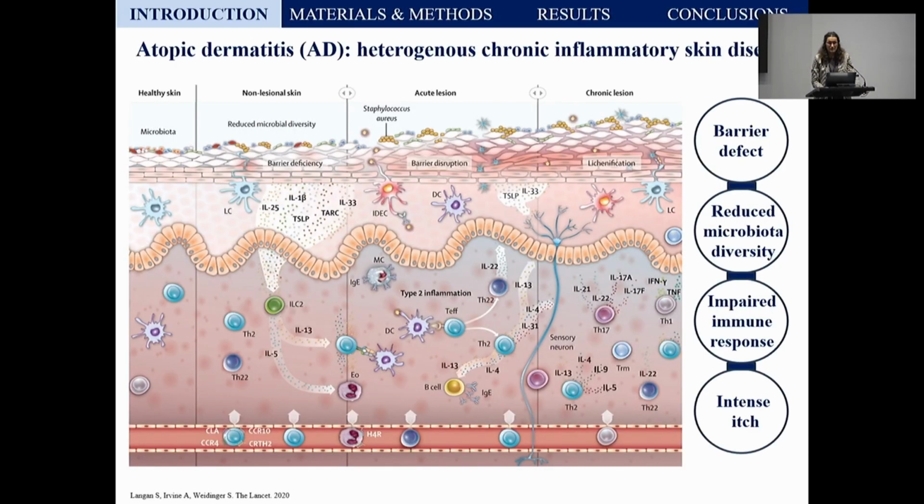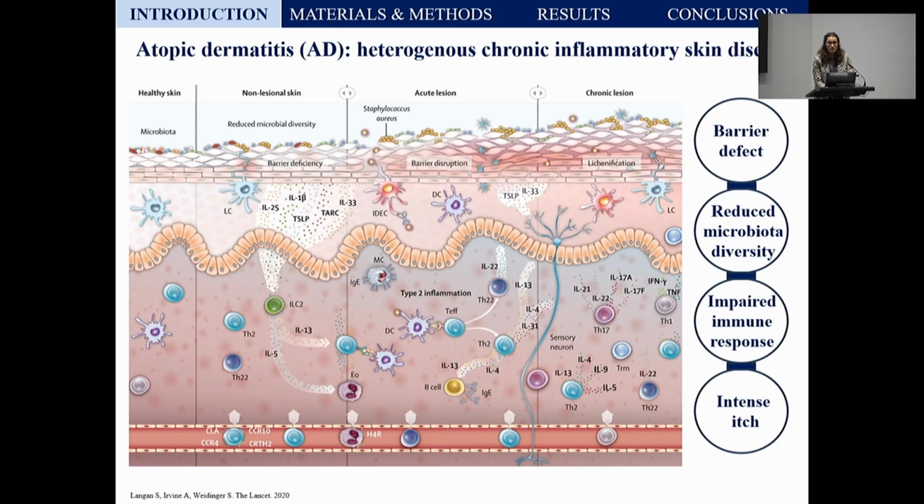Atopic dermatitis, from now on AD, is a heterogeneous chronic inflammatory skin disease. Clinically unaffected skin is characterized by epidermal barrier defect and reduced microbiota diversity.